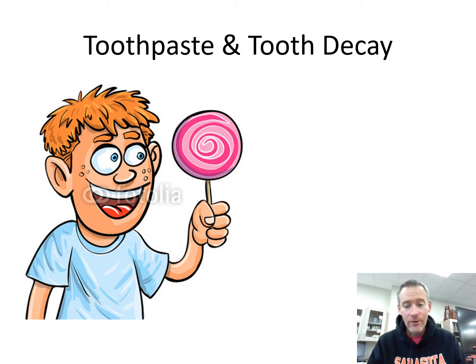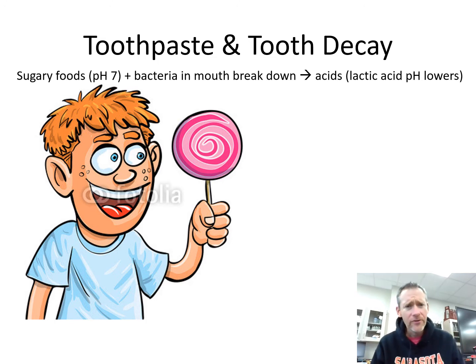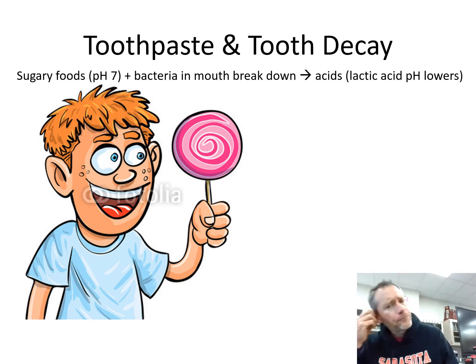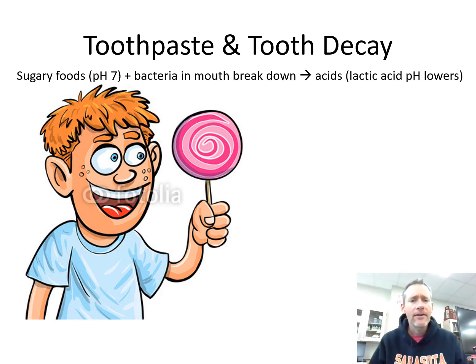Toothpaste and tooth decay. So we always talk about the sugar for cavities, and why does sugar give us cavities? So sugary foods have a higher pH, around 7, 6.5. And when you have bacteria in the mouth, it creates lactic acid, which lowers the pH, so it attacks our enamel.